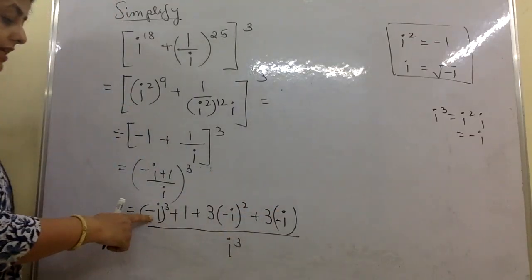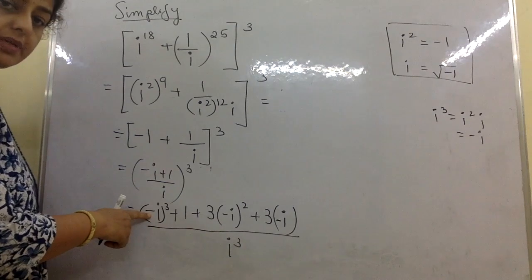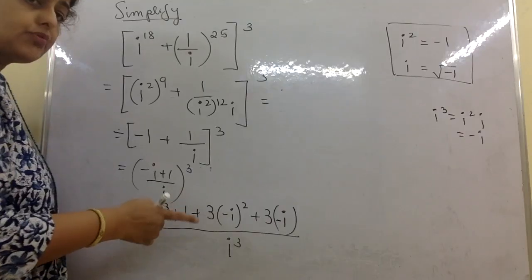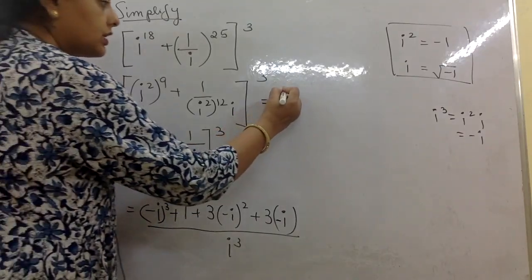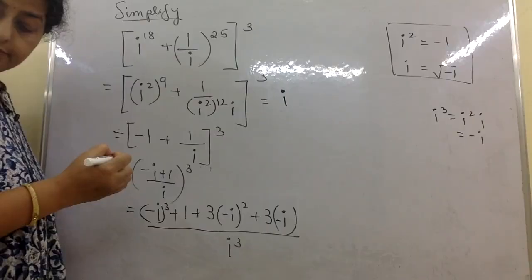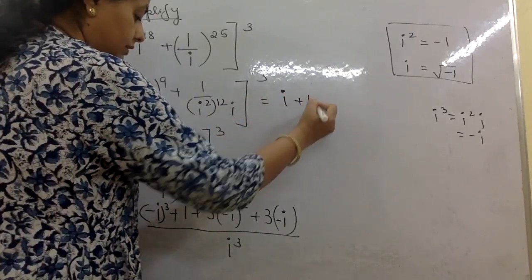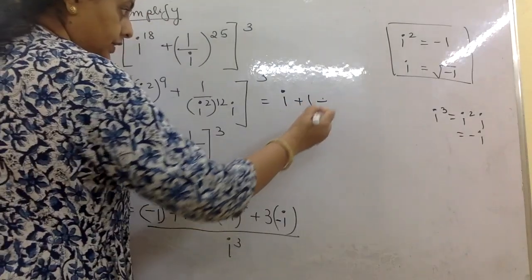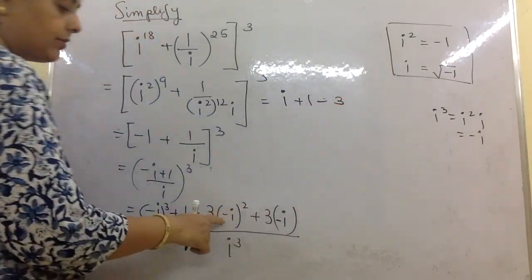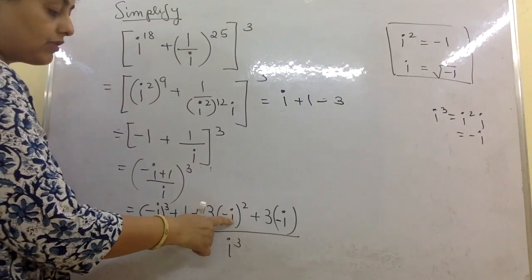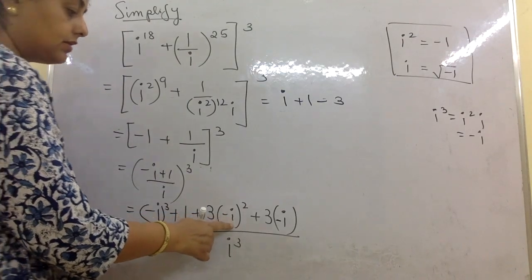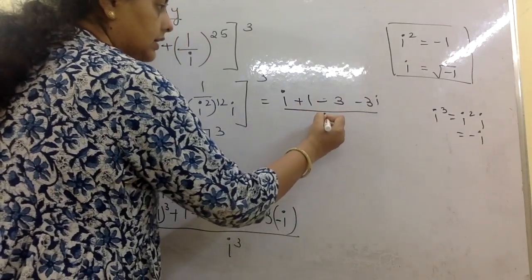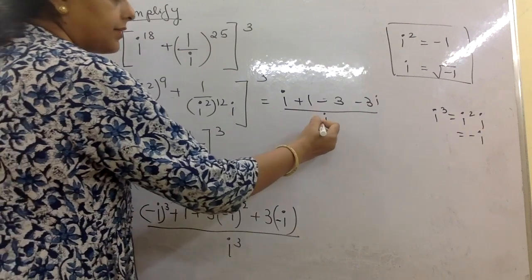So here minus i cube, the minus will remain because of the cube, and then i square is a minus 1, so it is just an i, plus 1, this is minus and minus, plus minus 3, because minus goes because of square, and then one more minus comes because of i square, so minus 3i by i, only i, because i by minus i.